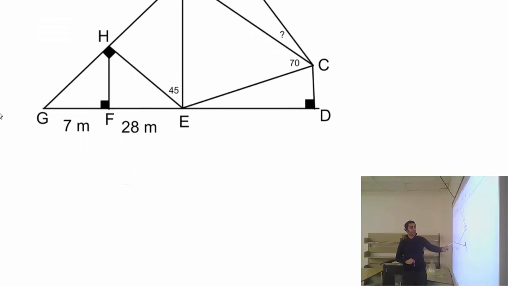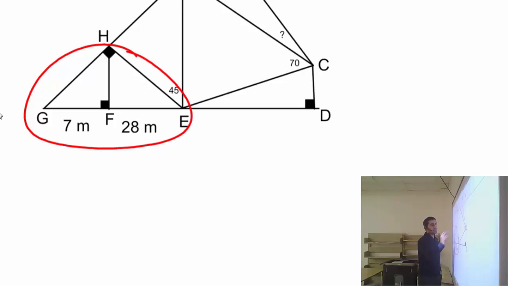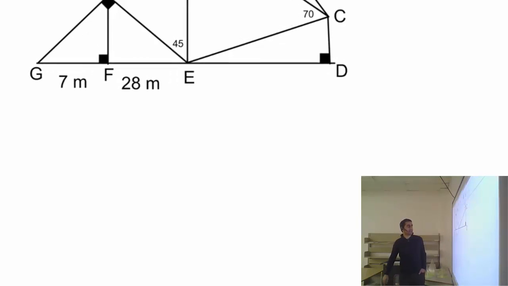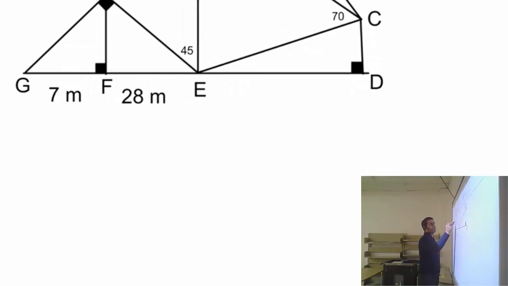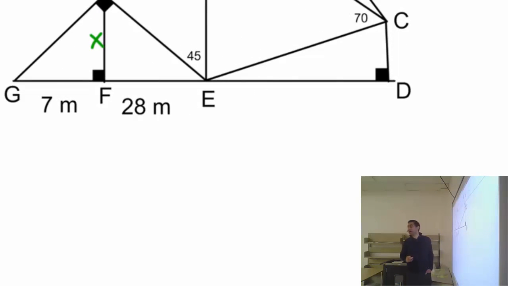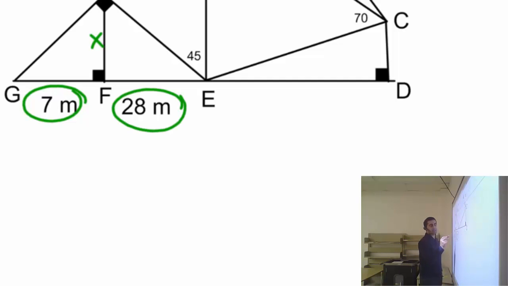So looking at here, I am able to see a right triangle inside another right triangle. This means I am going to use the ratio of right triangles. Alright, so this is X. What I know about right triangle ratios is that I'm going to pick one of the sides here, either this or that.